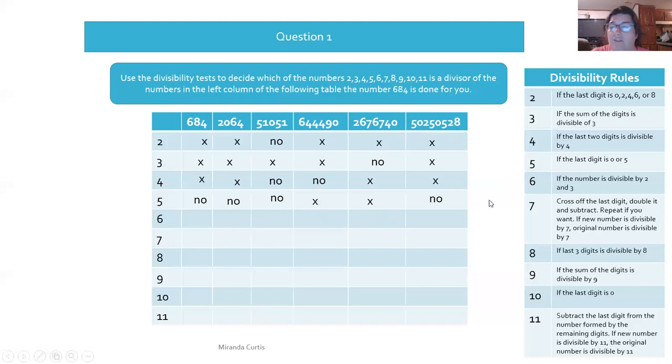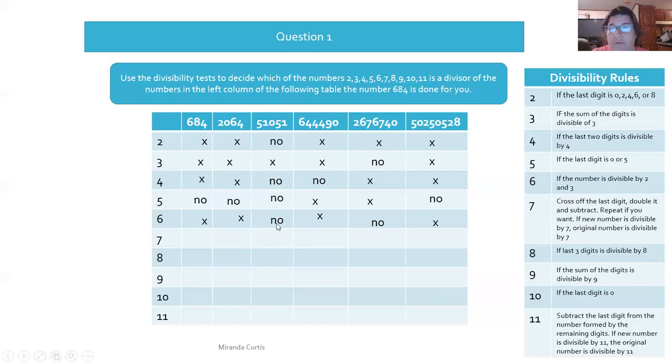Okay, let's look at our 6. It says if the number is divisible by 2 and 3. Okay, look, 684. Yep, it's divisible by 6. It follows our rule, 2 and 3. Then we come to our next one right here. It's divisible by 6. Sorry, these are 6s. Oh, 51. We look at this whole one.